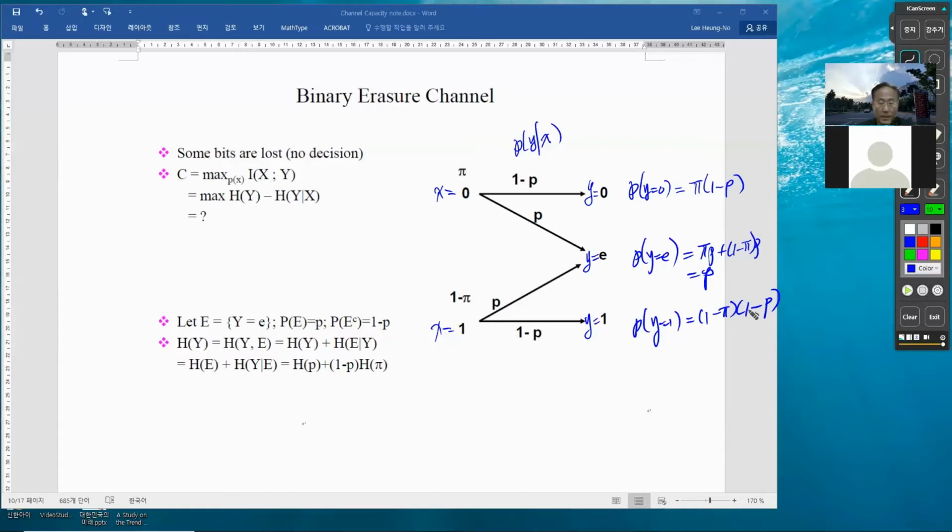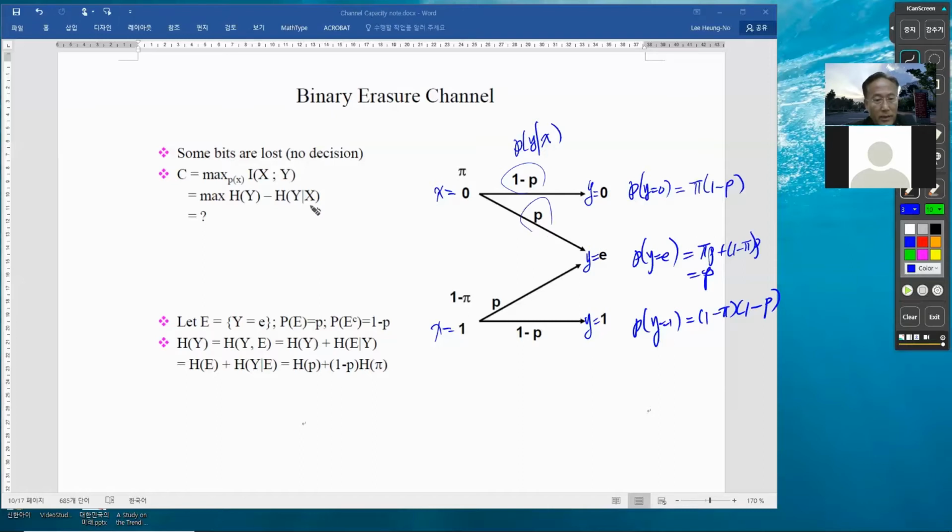And we can proceed to find the entropy of y and the entropy of y given x. The entropy of y given x is a conditional entropy. So when x is given, the output distribution is 1 minus p and p.